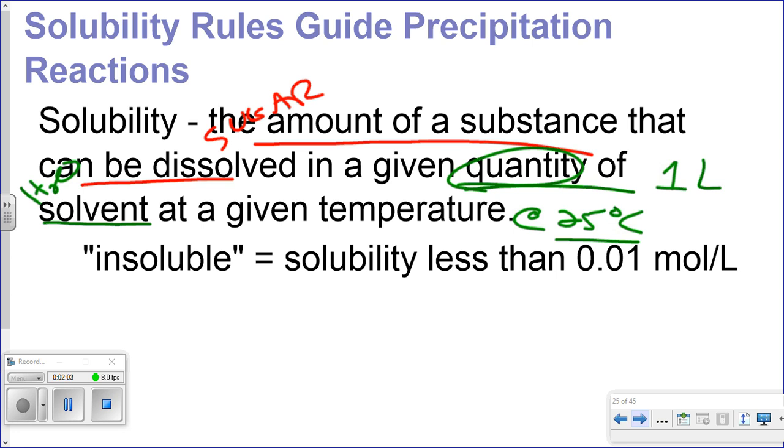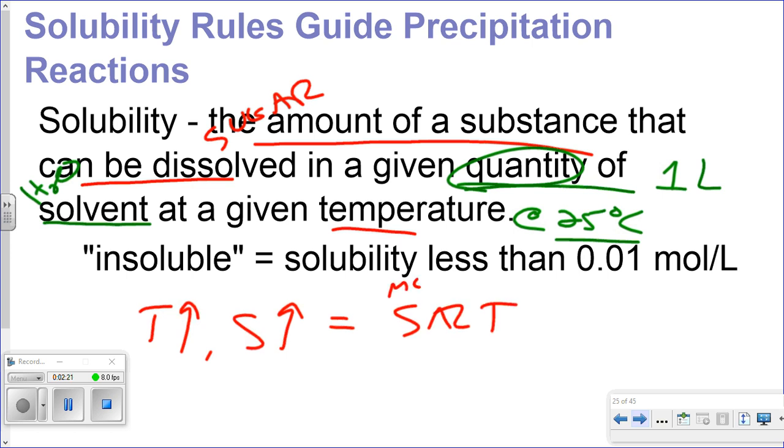There are different solubility graphs we can look at, but that's not the focus of today. Typically, for most salts, as temperature goes up, solubility increases. It's actually the opposite for gases.